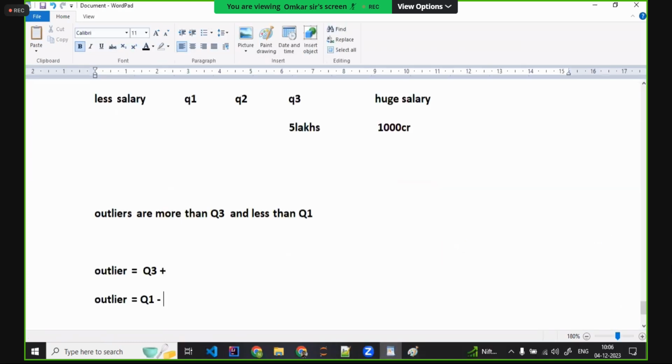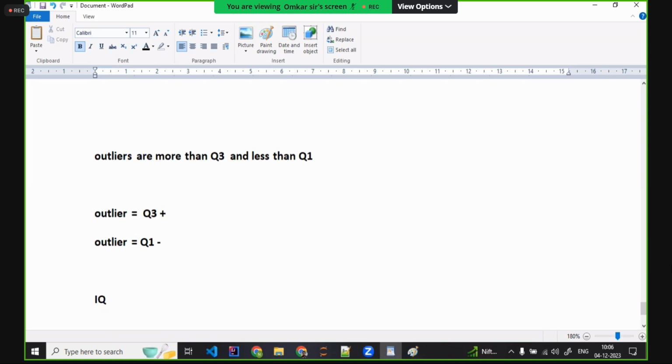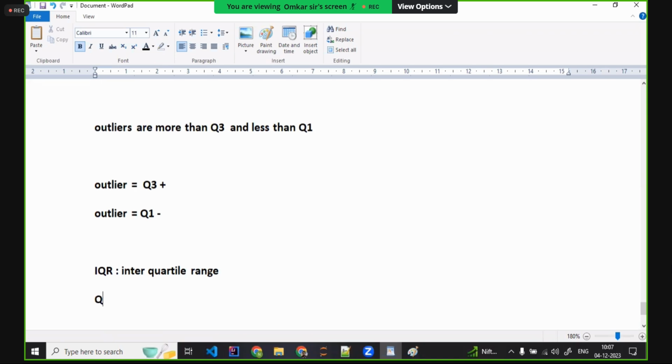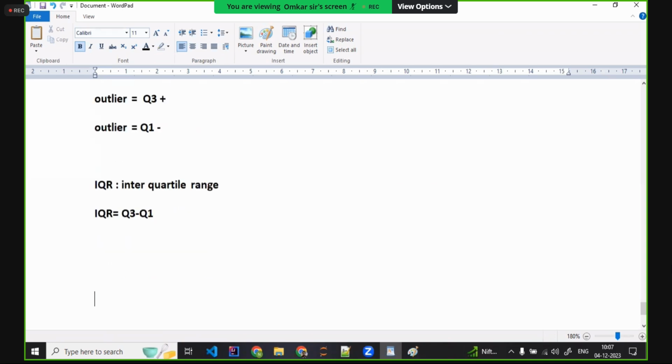So IQR is equal to Q3 value minus Q1 value.